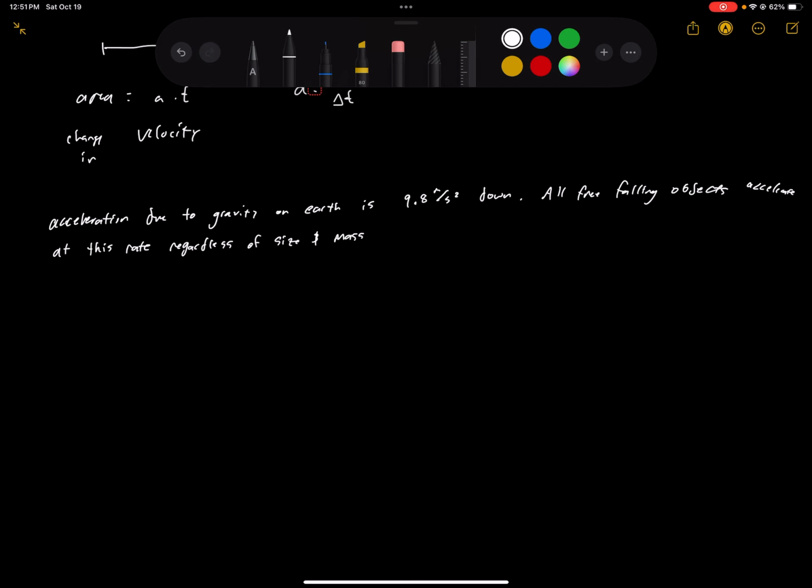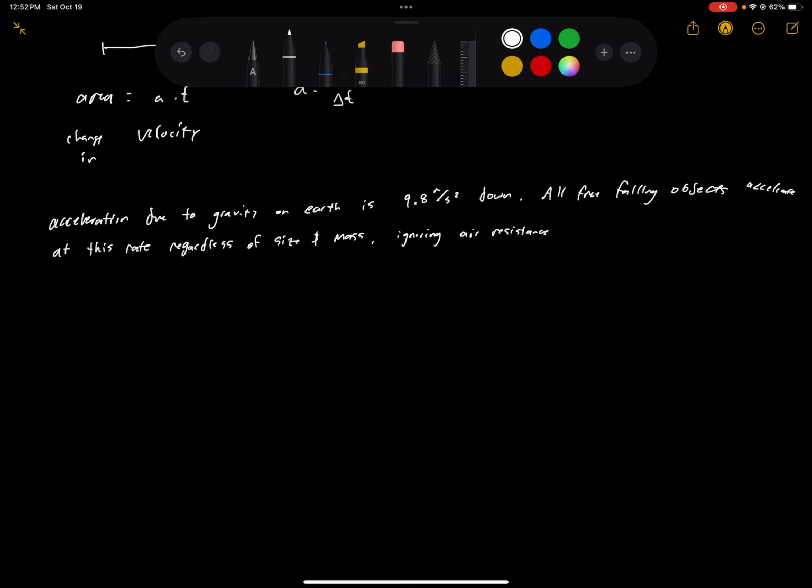Now, we're ignoring air resistance, okay? So we're not going to talk about air resistance right now. We're going to assume for all of these problems that the air resistance is 0. So one counterexample is if there was air resistance, which there is in real life, dropping a hammer and a feather, right? So if you drop a hammer and a feather, obviously the hammer is going to hit the ground first.